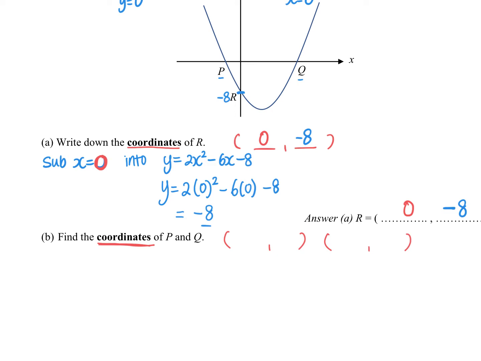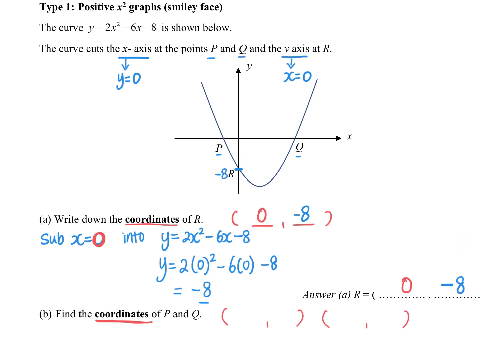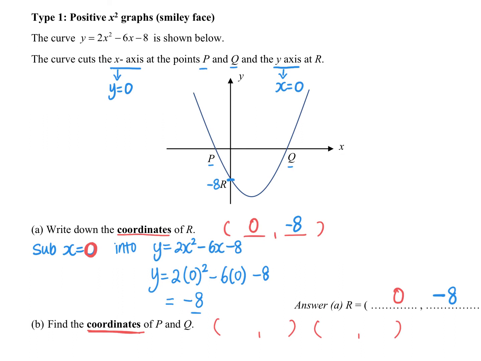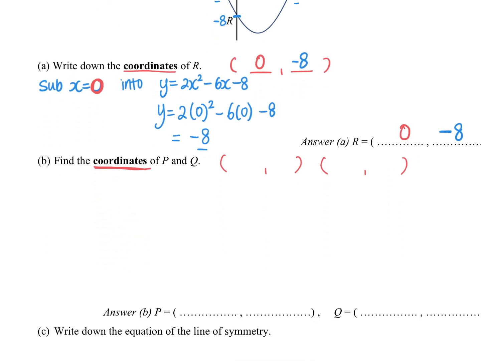Well, P and Q cut the x-axis. So when it cuts the x-axis, the y value is equal to 0.